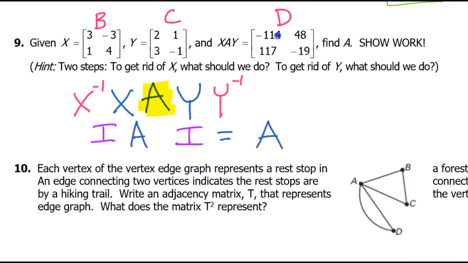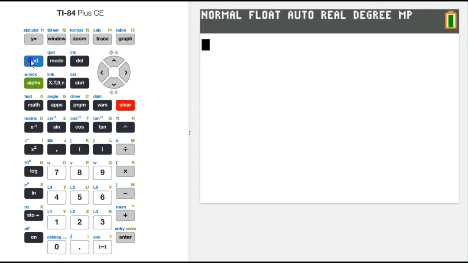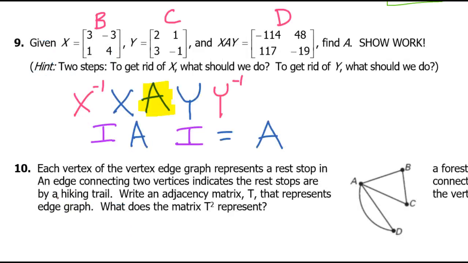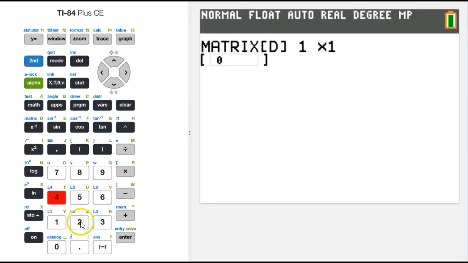All right, now I'm going to type in matrix D. So second matrix, edit, editing matrix D. So number 4. Matrix D is another 2 by 2 matrix. So 2, enter, 2, enter.